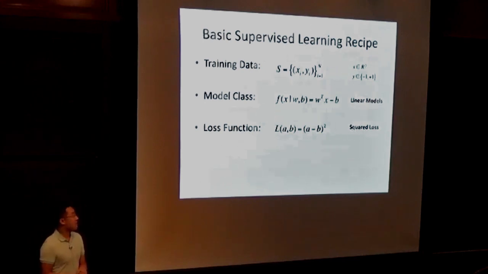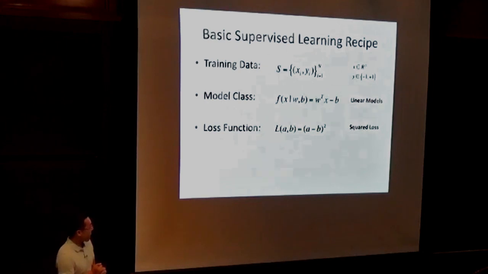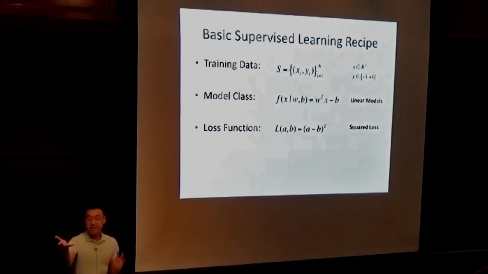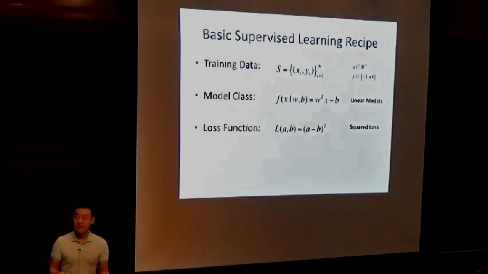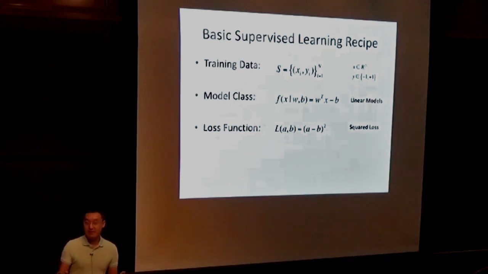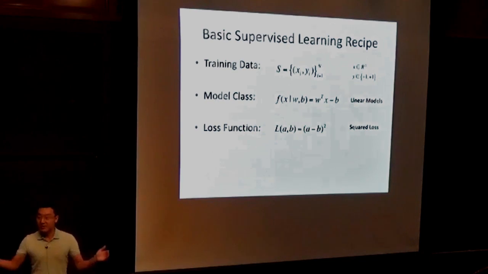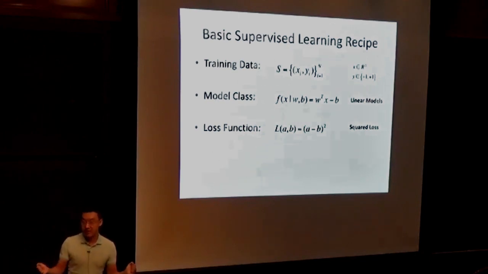So for example, I can just give you an example. I can represent any function as a linear function if the feature values are the Taylor expansion of that function, or something related to the Taylor expansion.